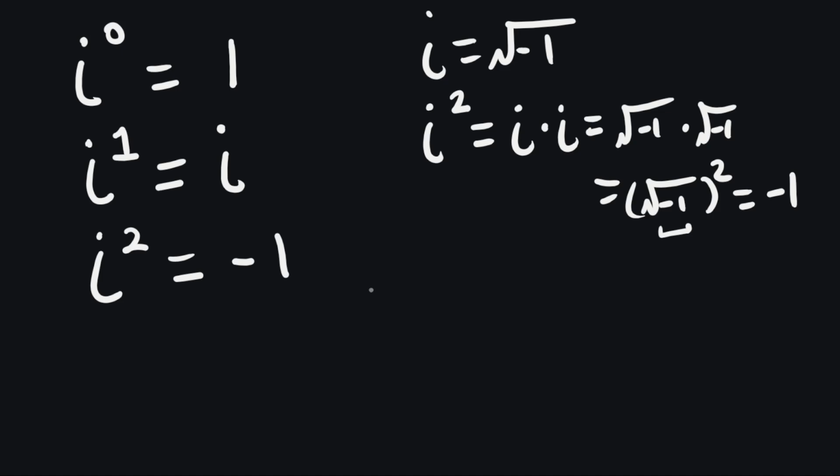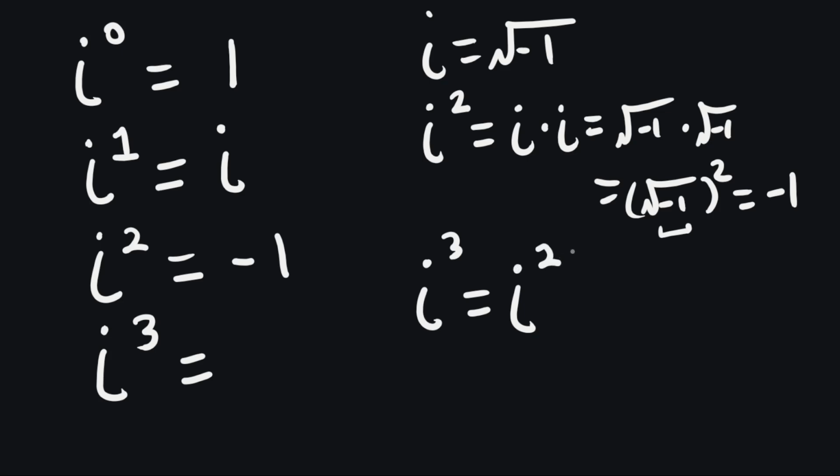Good. Now what about i to the third? Let's go even higher. i to the third power. Well, i to the third power may not seem intuitive, but we know using the product rule of exponents that i to the third power is the same as i to the, what's 3? 3 is simply 2 plus 1.